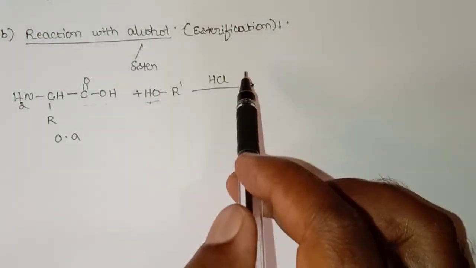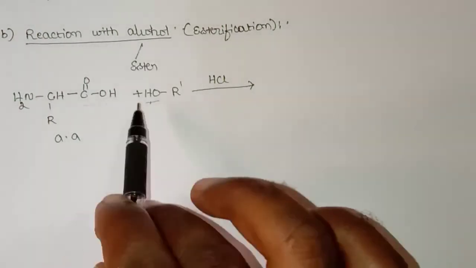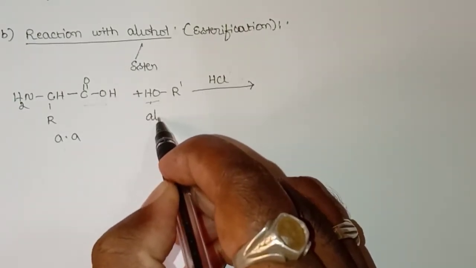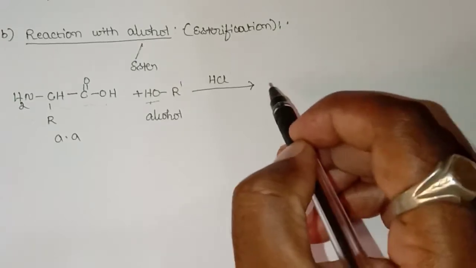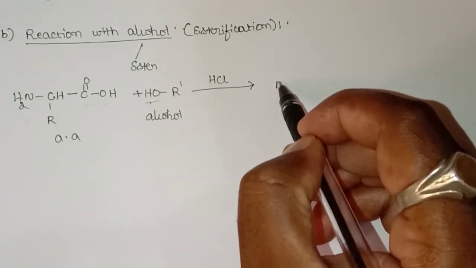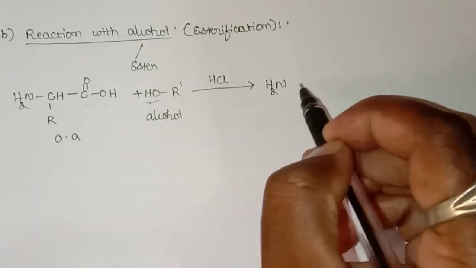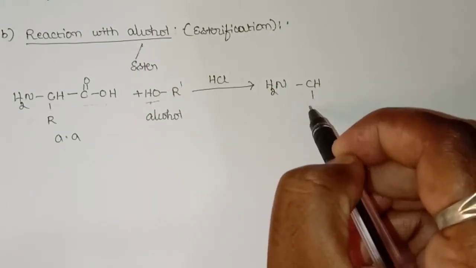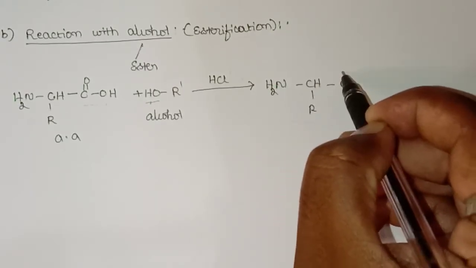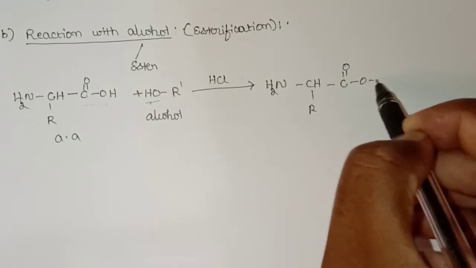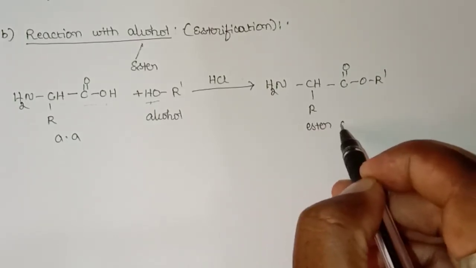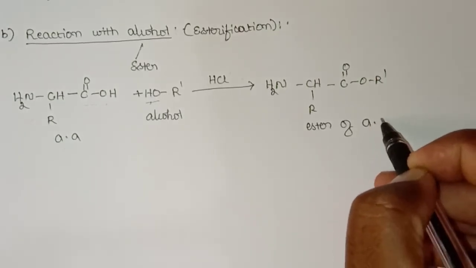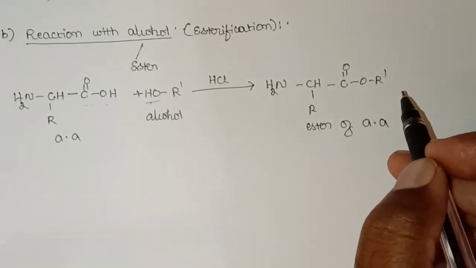So in the presence of HCl, the amino acid will interact with the alcohol and finally result in the formation of NH2 CH R COOR'. That means the ester of the amino acid will be produced. This is simply called the esterification reaction.